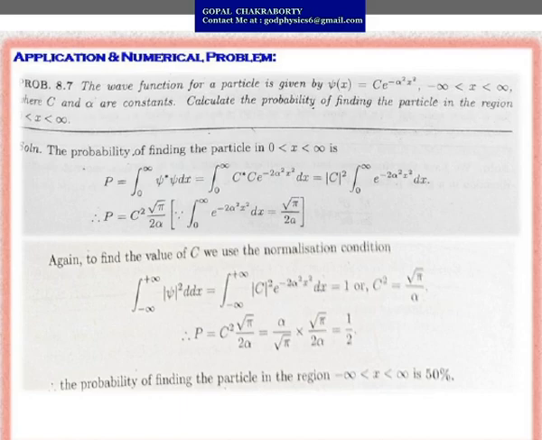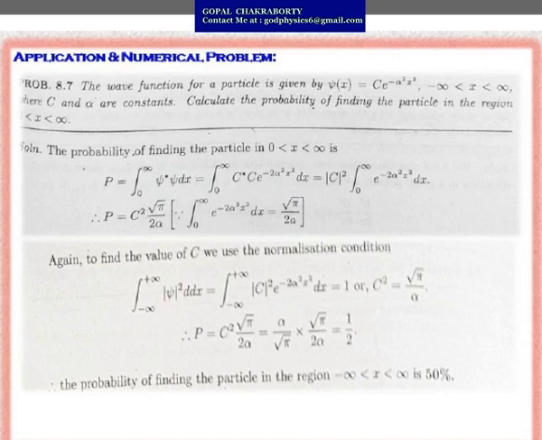If you solve the integration, it gives the value under root pi by 2 alpha. Substituting that value, the probability P equals c square under root pi by 2 alpha. Again, to find the value of c, we use the normalization condition.